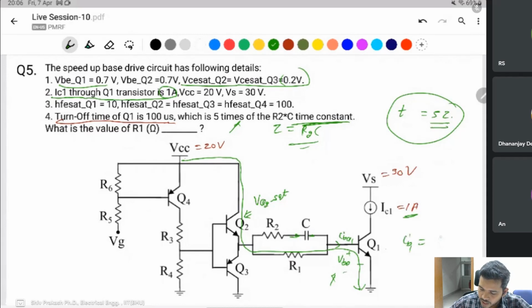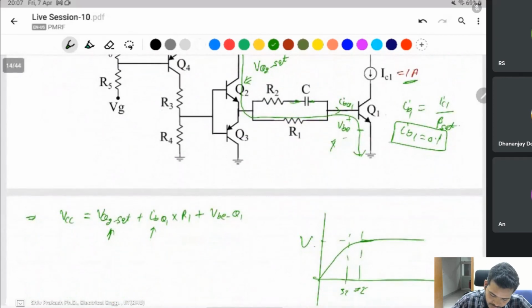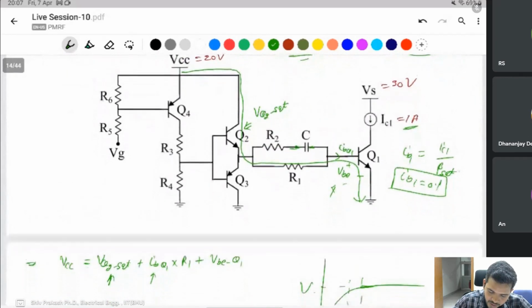IB1 is IC divided by beta saturation. Beta saturation is given as 10, then IB1 is 0.1. Then apply this and calculate the R1 value directly.